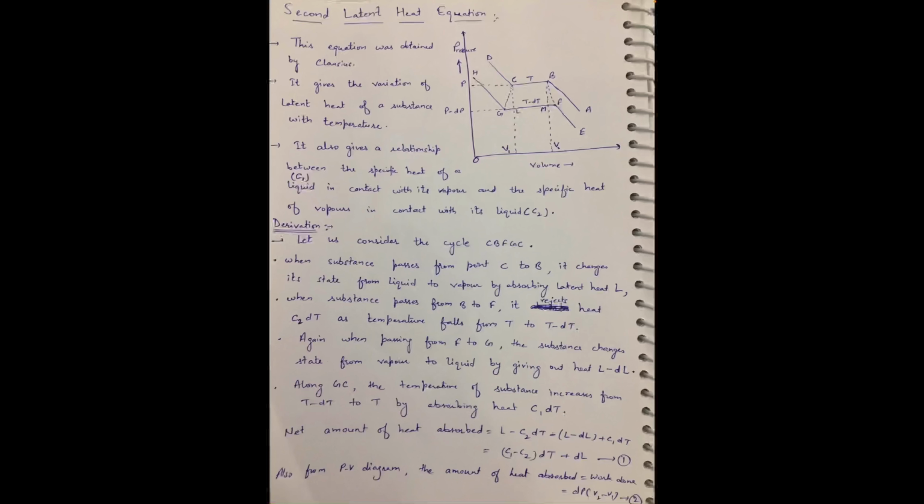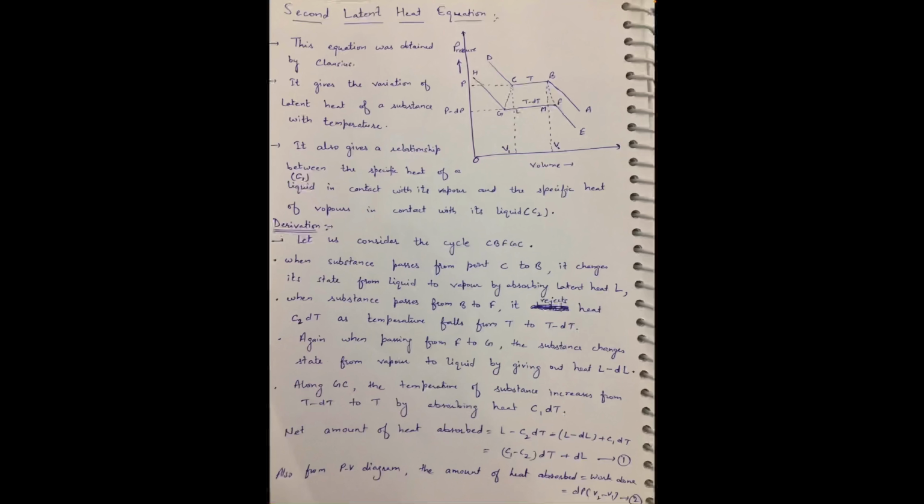In going from C to B, it absorbs an amount of heat equal to L, which is the latent heat of the substance when it changes its phase from liquid to vapor.